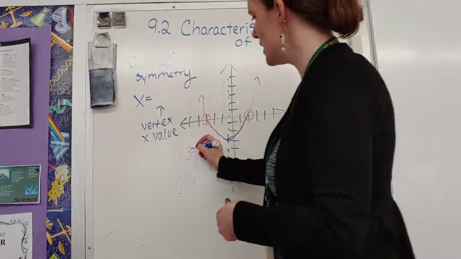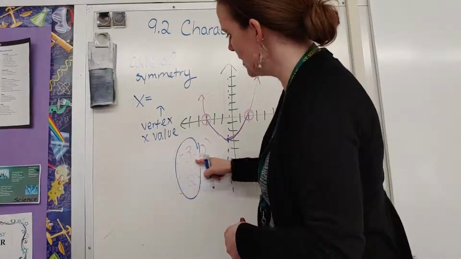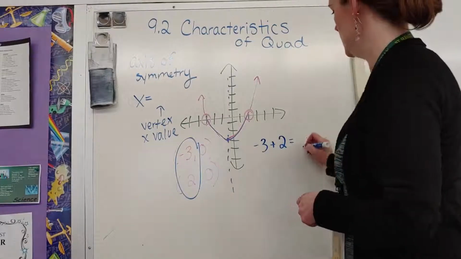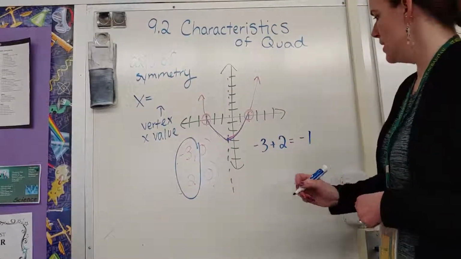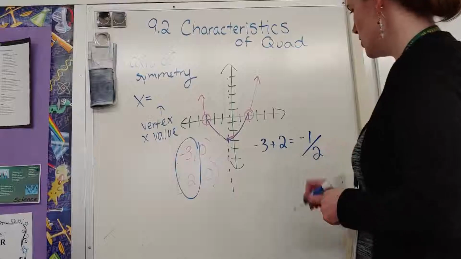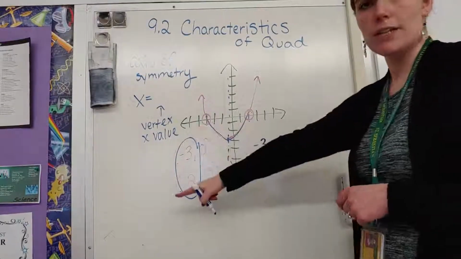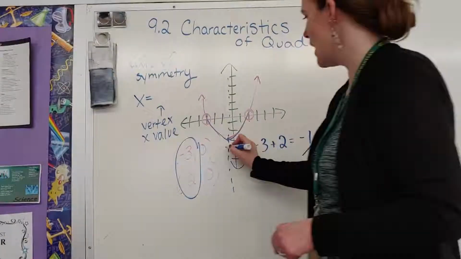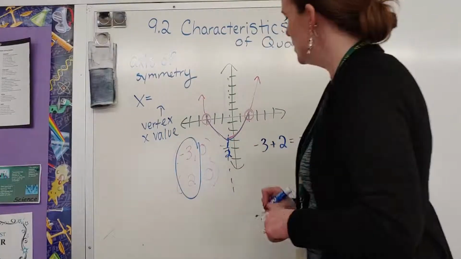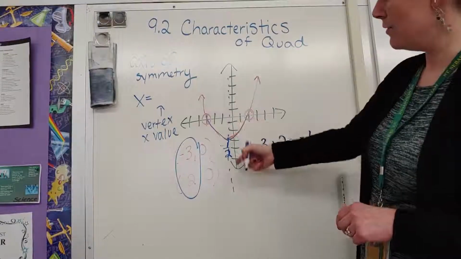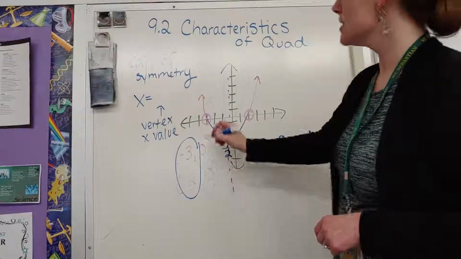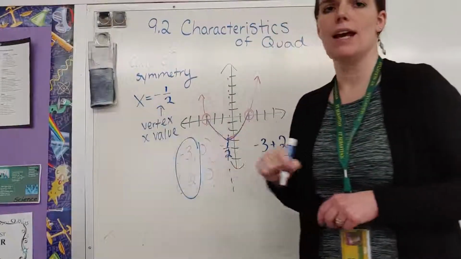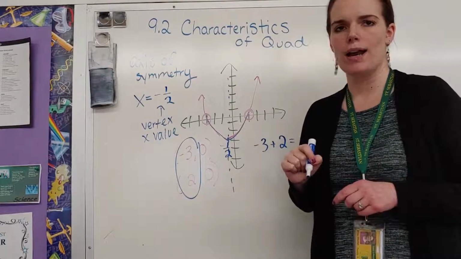So let's say I take -3 plus 2, it's -1, and then I divide that by 2, because I'm averaging. You're going to get -1/2. So this -1/2 is my axis of symmetry, and you would just write it as an equation: x equals -1/2.